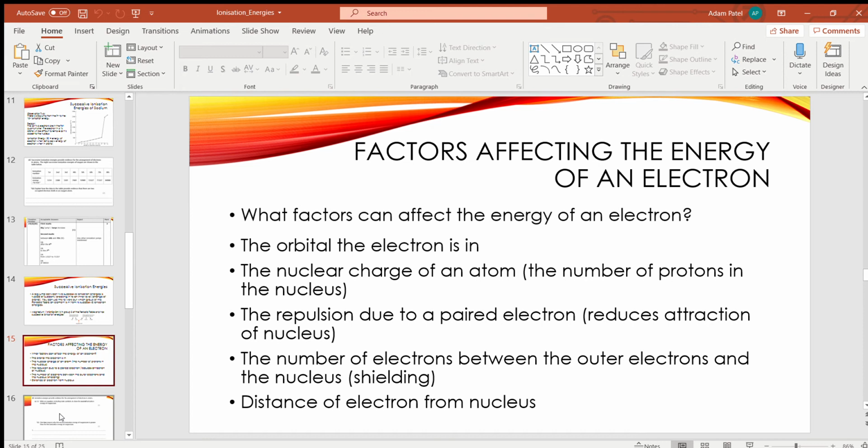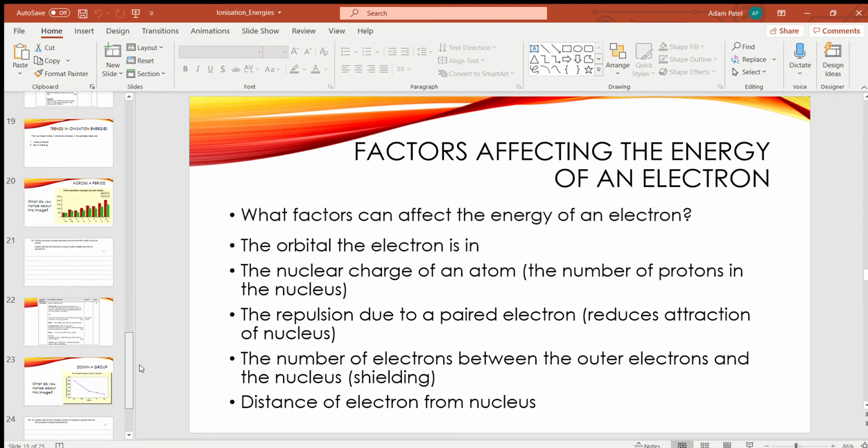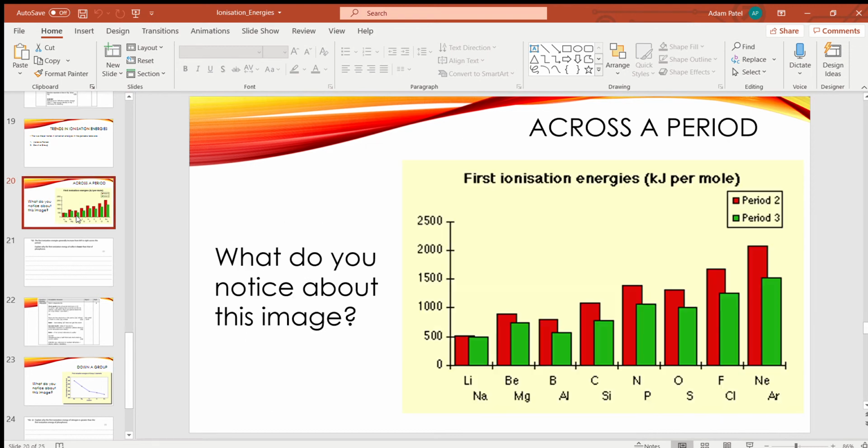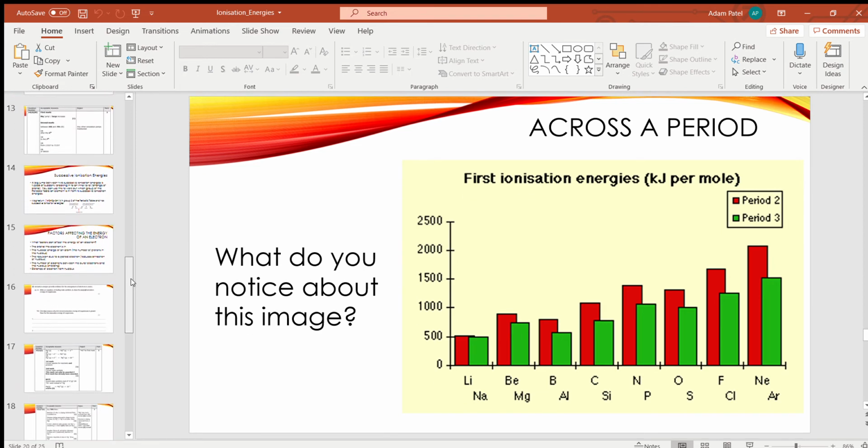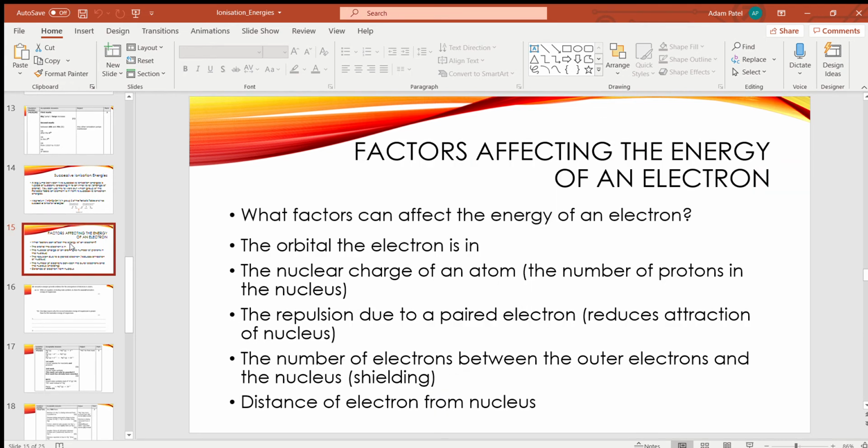Magnesium, for example, has a higher ionization energy than sodium, because magnesium has 12 protons and sodium only has 11, so magnesium has a stronger attraction to its outer electrons.